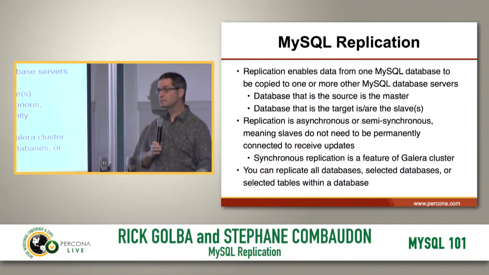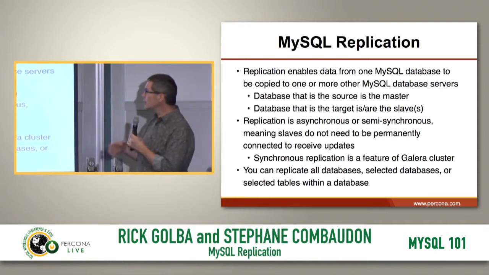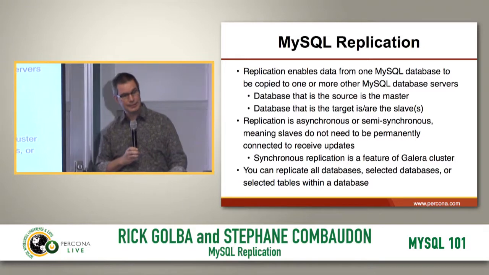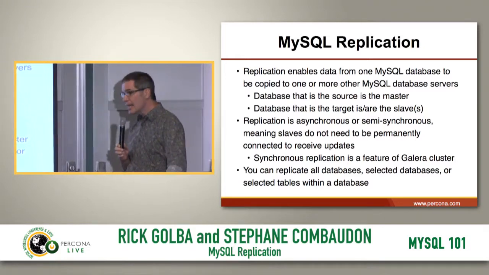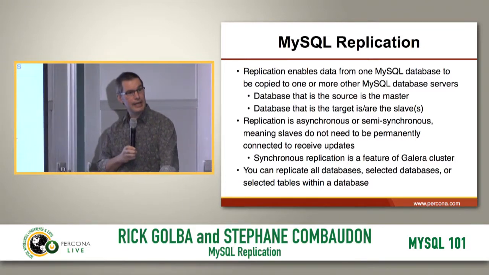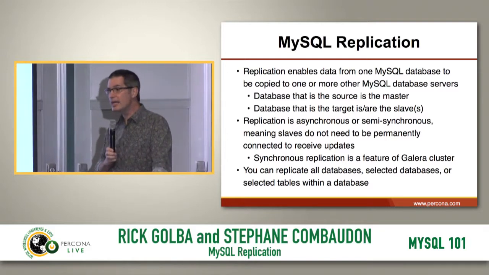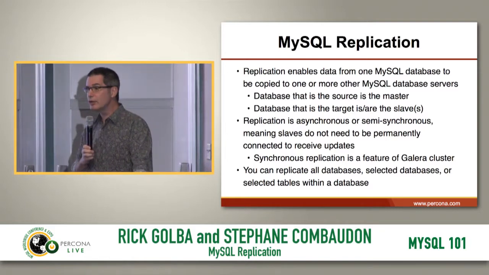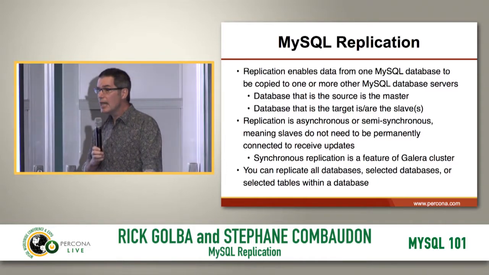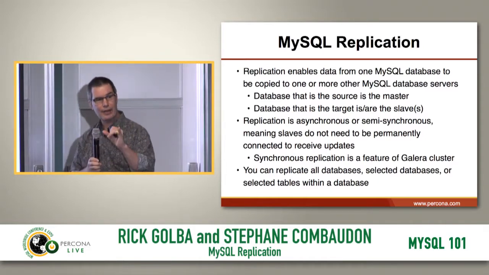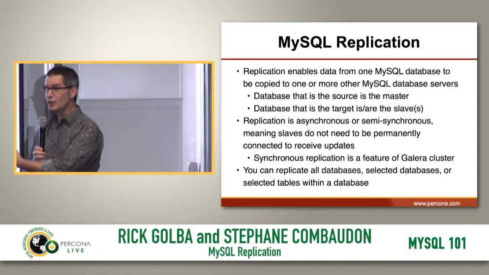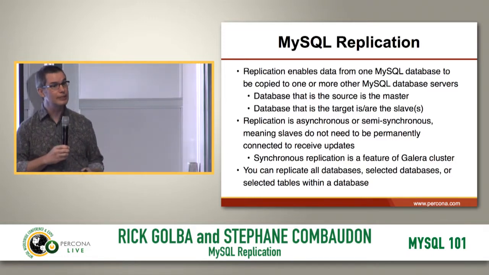Now, when you look at replication, it is either asynchronous or semi-synchronous, and this is the default behavior. What this means is that the slaves don't always need to be connected to the master. This can be nice if you have some bandwidth constrictions and you don't want that traffic going all the time. Of course, it does mean you have that idea of built-in lag.